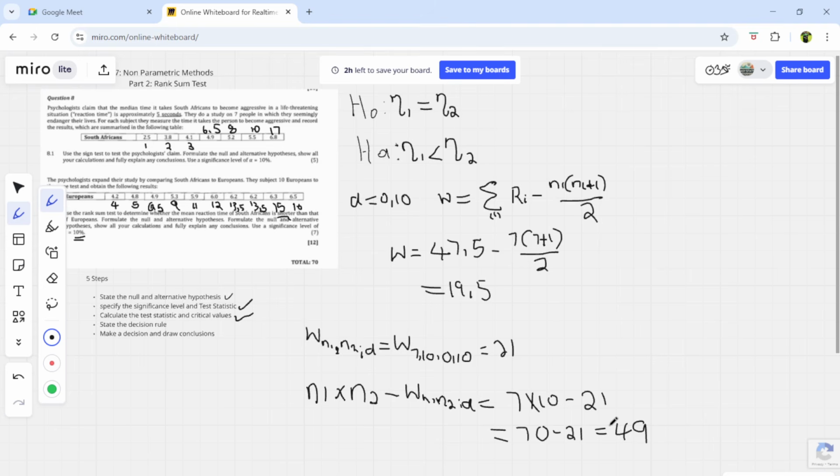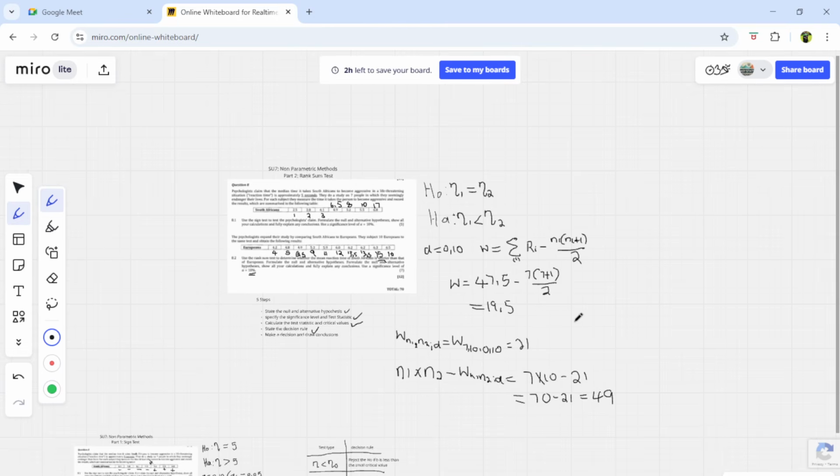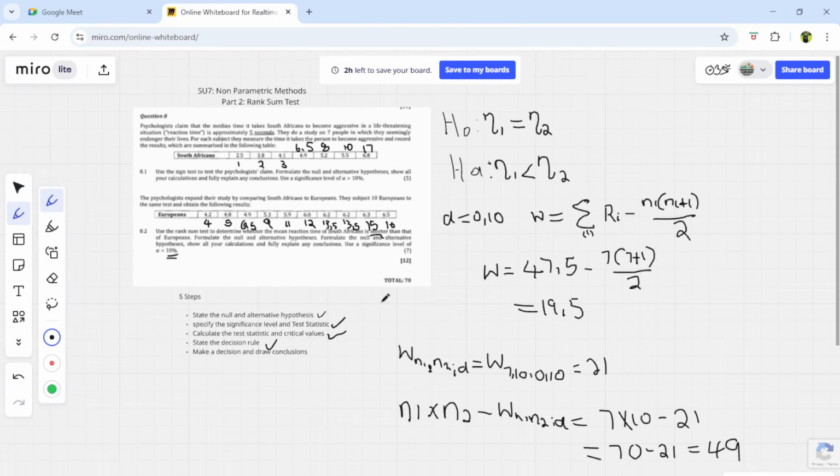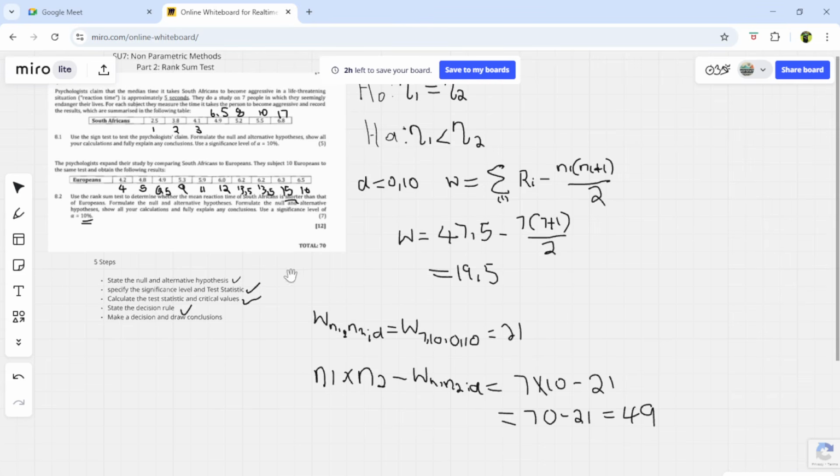Now, from here, you need to state the decision rule. So, remember, when you state the decision rule, you're going to say reject or do not reject.